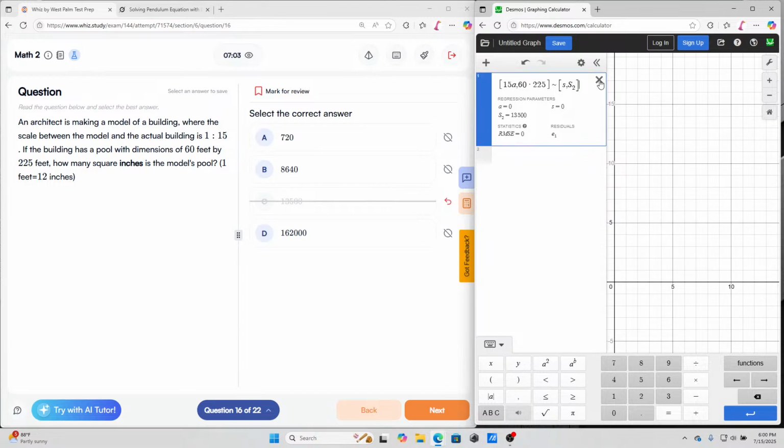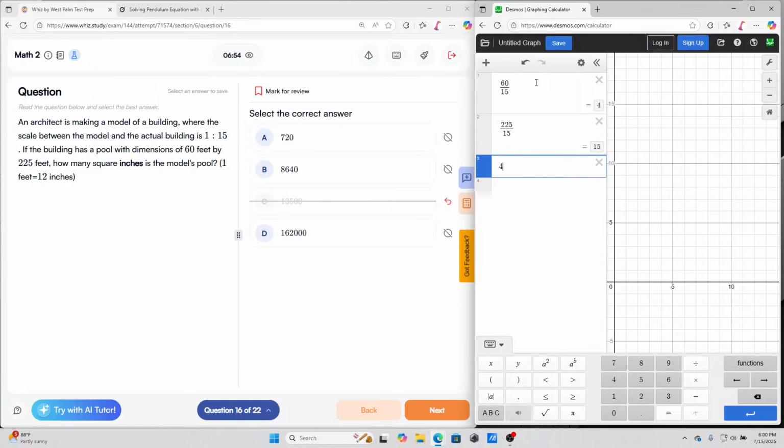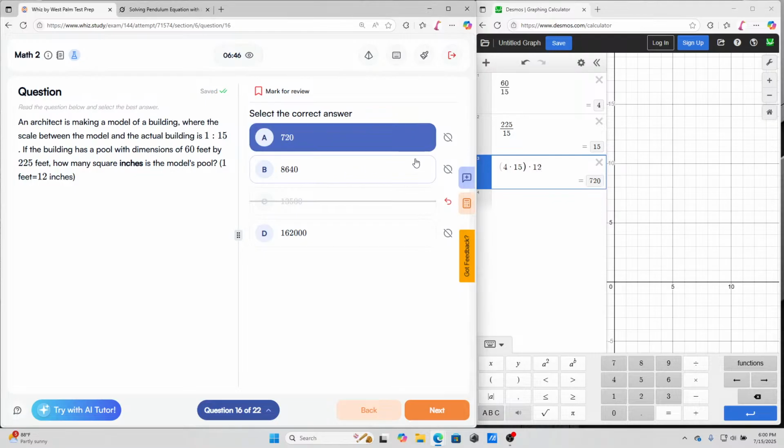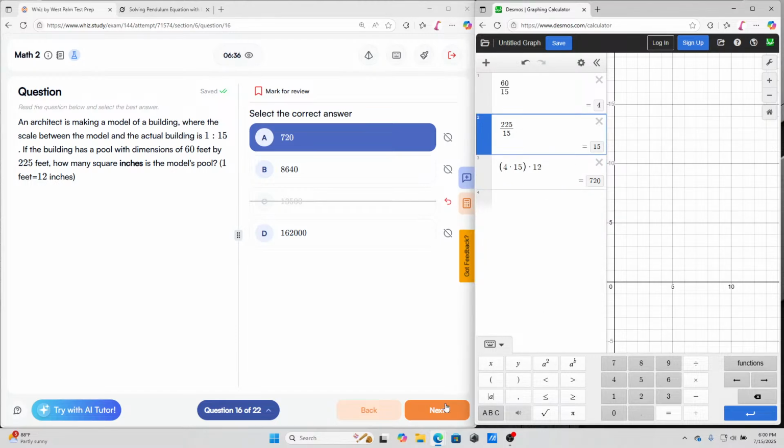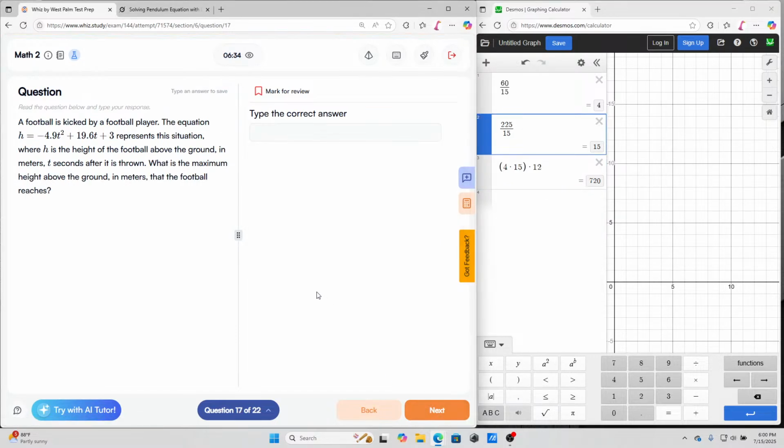The dimensions of 60 feet by 2.25, 60, 720. Okay, so I'm gonna go with 720 right here. Yeah, 720 it is.